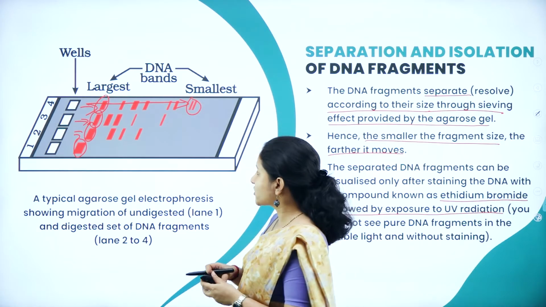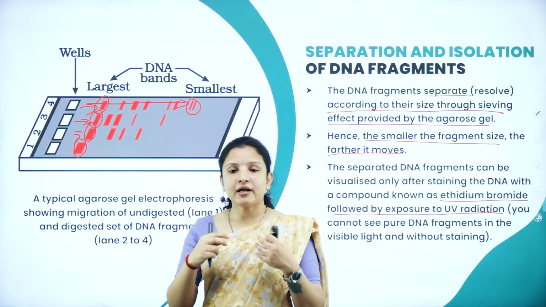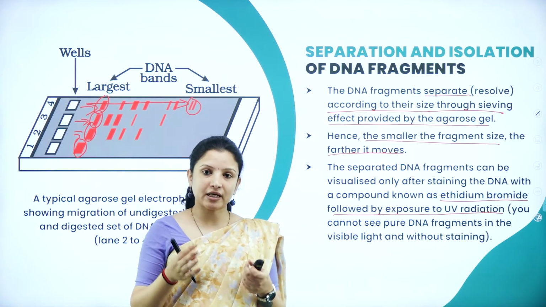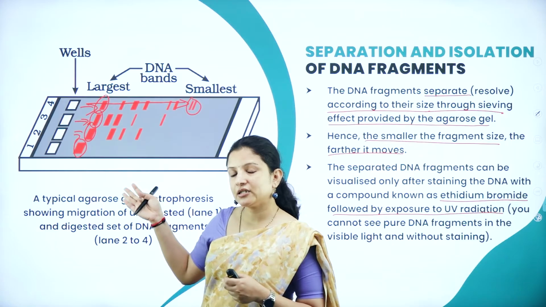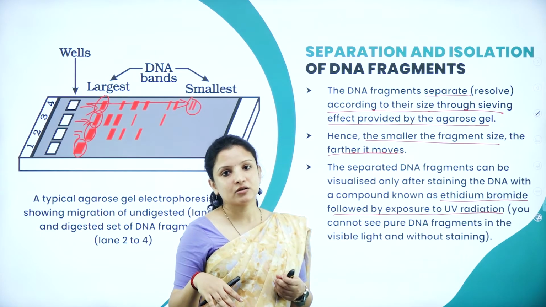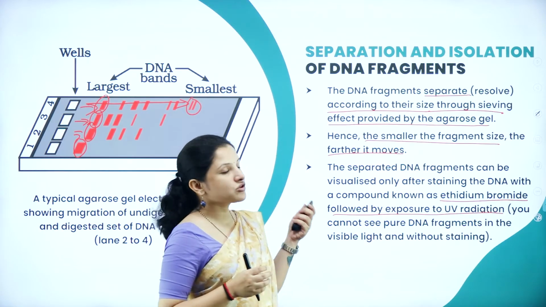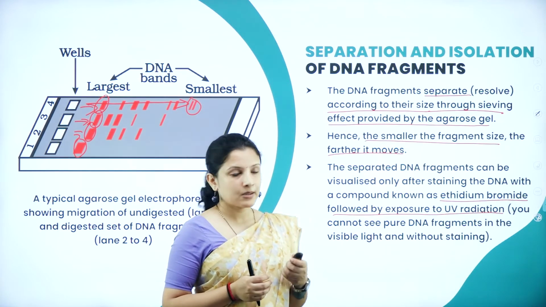And from that, the strand you need, you can remove it from the gel and next use it for recombinant DNA technology. So before moving on to recombinant DNA technology, after isolating the DNA and using the restriction enzymes and all that, you need to separate the DNA strand. That is how separation of DNA strand is done by the agarose gel electrophoresis method.